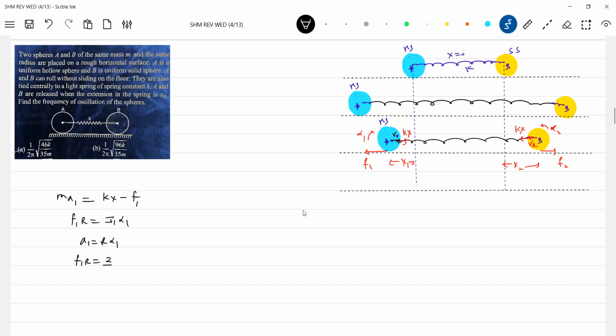For the hollow sphere, I is 2 by 3 mr square. Alpha 1 will be a1 by r. So f1 equals 2 m a1 by 3. I'm going to substitute that there. Kx equals 5m a1 by 3.